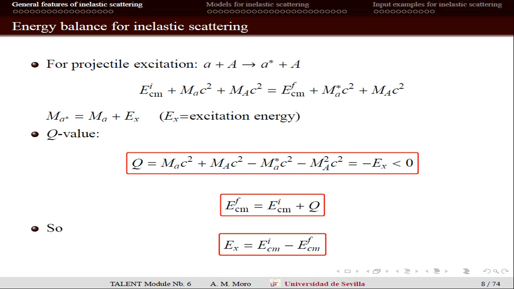So by measuring the kinetic energy of the products, we get immediately information about the excitation energies of the excited states that are populated. For example, if the kinetic energy in the final situation in center of mass is the same as the initial one, this means that we are measuring elastic scattering.